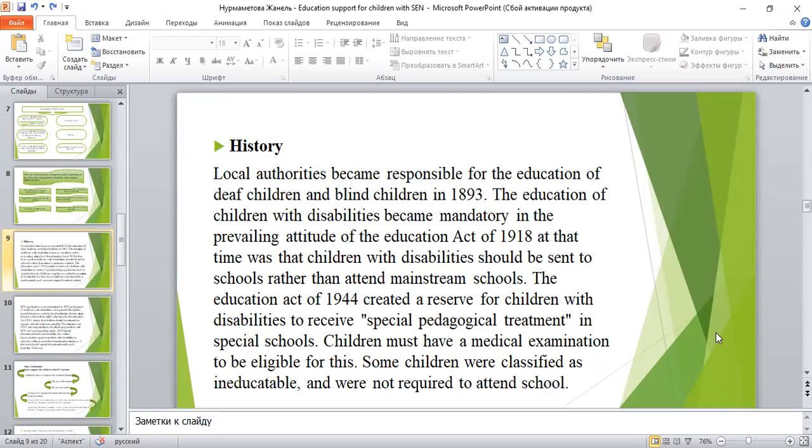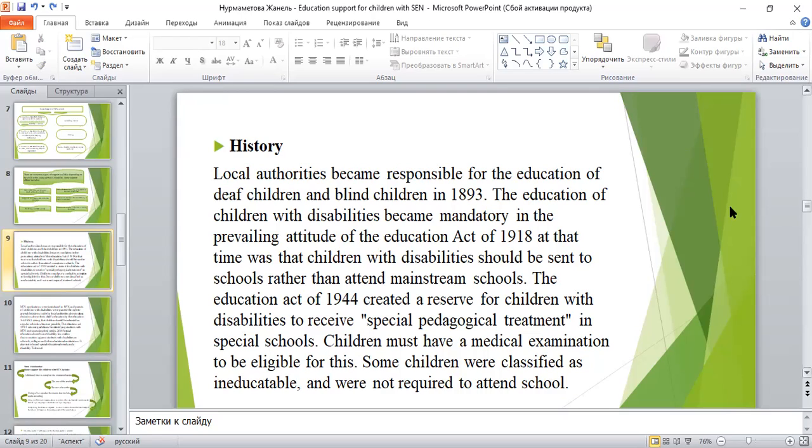The Education Act of 1944 created a reserve for children with disabilities to receive special pedagogical treatment in special schools. Children must have a medical examination to be eligible for this. Some children were classified as immedicable and were not required to attend school.